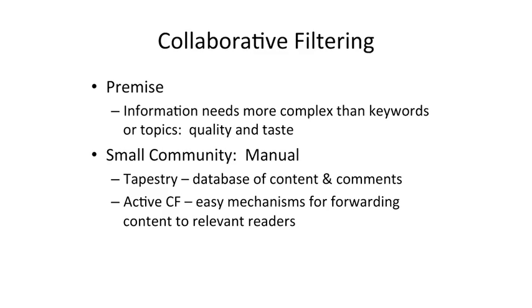These systems based their filtering on a community of like-minded users. A system called Tapestry allowed people to mark up documents in a database, saying, who do you think might like this document, or what's good about it? Another system, called active collaborative filtering by Maltz and Ehrlich, looked at the idea of helping people form distribution groups to get the good content out to the right people.